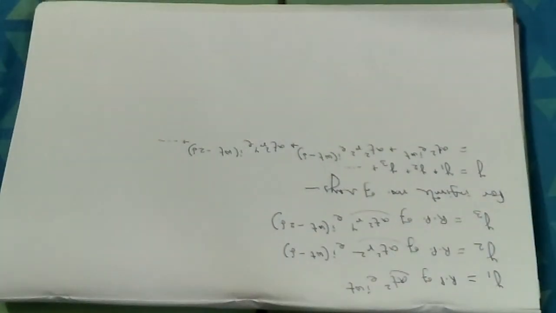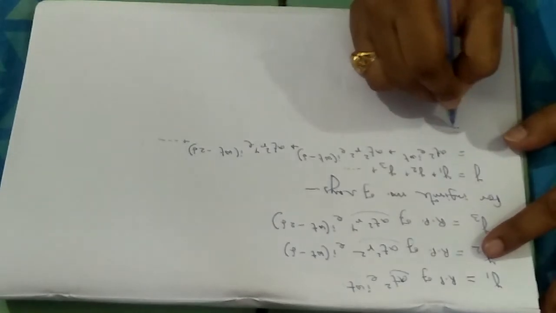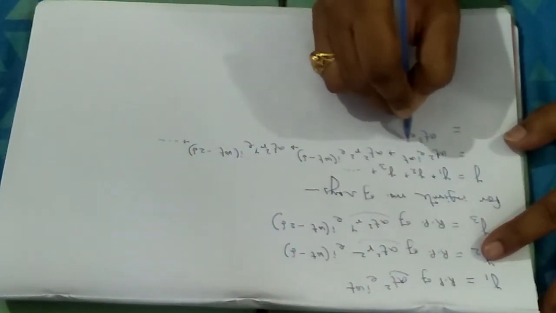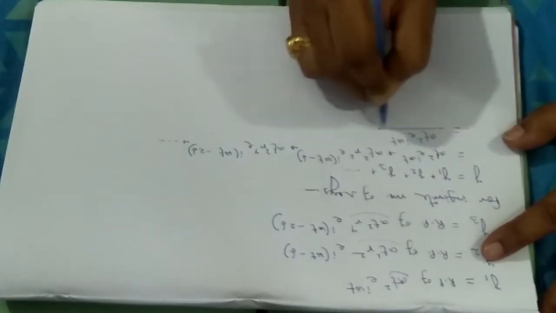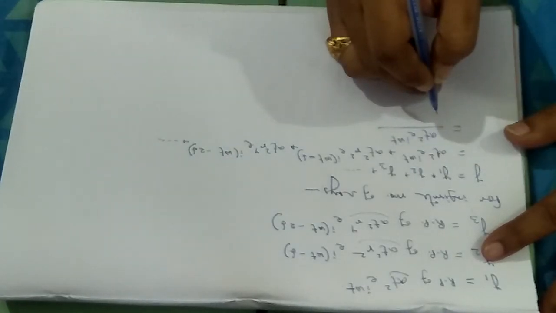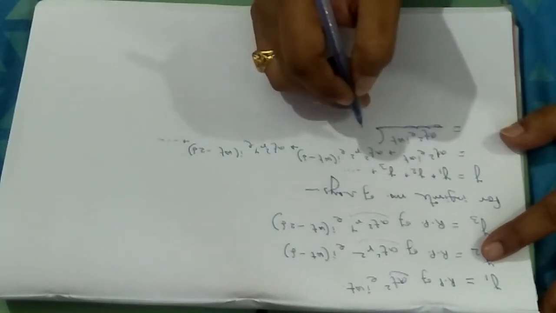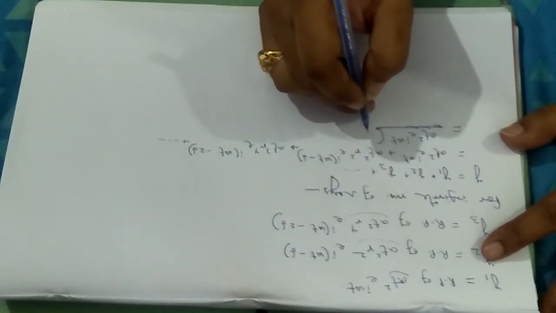Got it? Okay. Then for simplicity I am writing this equation by taking A T square e to the power i omega t common.